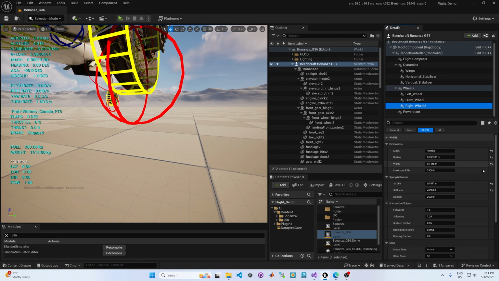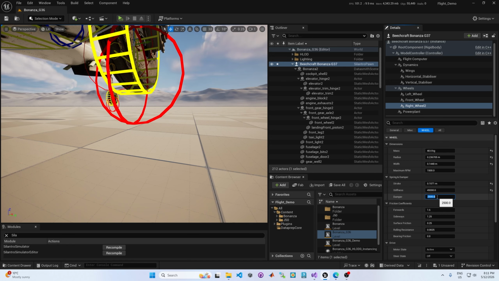So what I was explaining before was the damper. The stiffness specifies the force that is applied per meter of compression. The damper specifies the force that is applied per meter per second of compression speed. So you use this if you notice a significant amount of oscillations on your hydraulics.